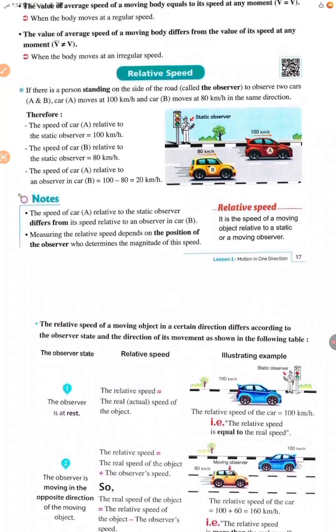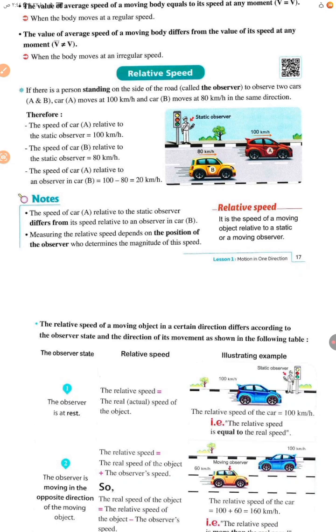Relative speed. هناخد نوع آخر من السبيد اللي هي السرعة النسبية, relative speed. If there is a person standing on the side of the road called the observer, زي static observer اللي واضح في الصورة ده, to observe two cars A and B. Car A moves at 100 km per hour.